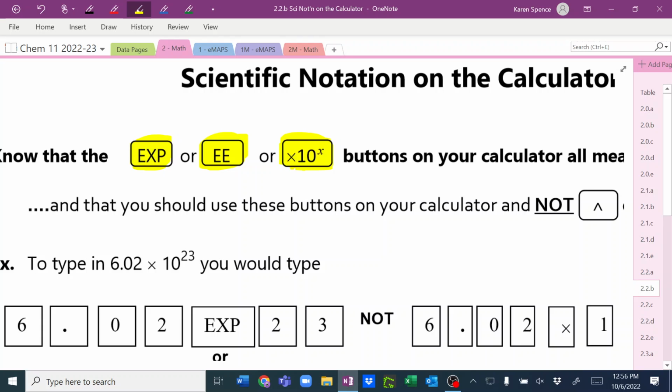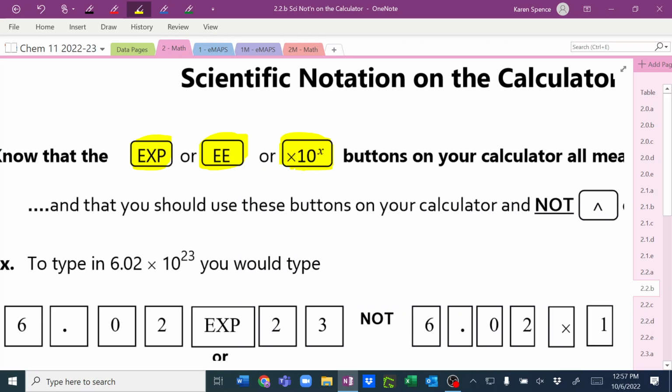If you cannot find that on your calculator, raise your hand and I will help you find it. Anyone else need a hand?